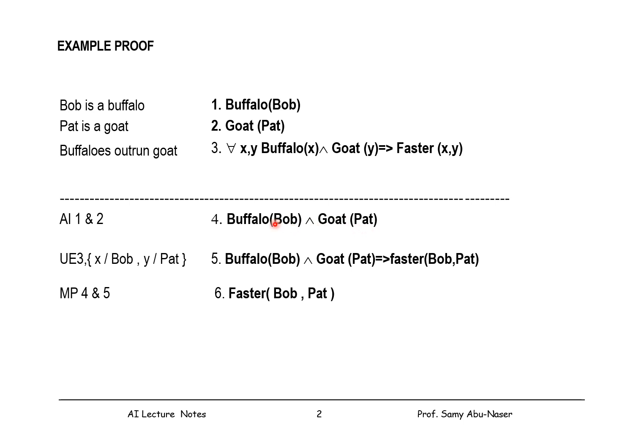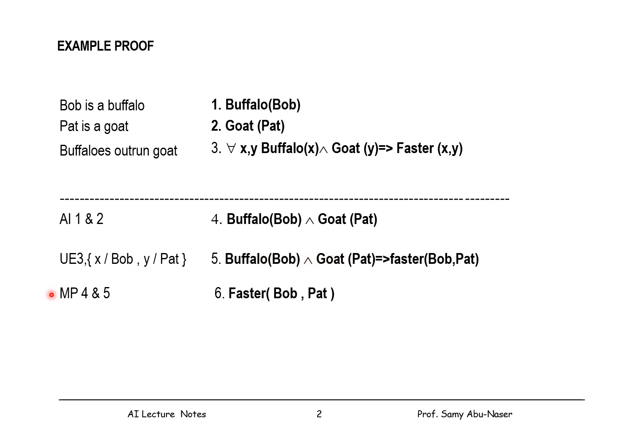Then we use universal elimination with sentence 3. Here we replace x with Bob and y with Bat. It becomes: if Buffalo(Bob) and Goat(Bat), then Faster(Bob, Bat). This is the universal elimination.